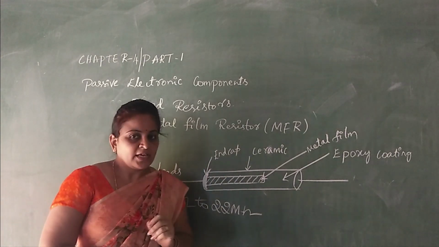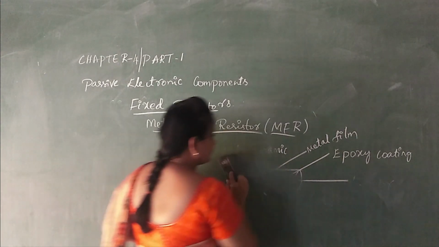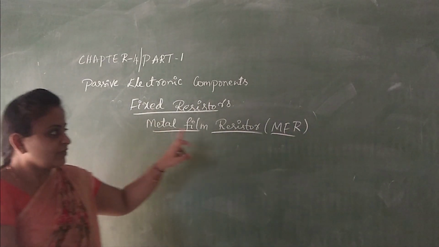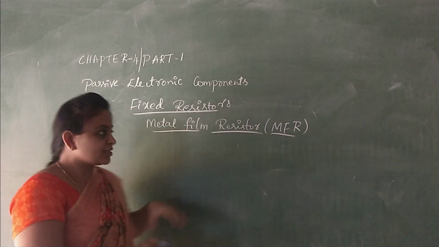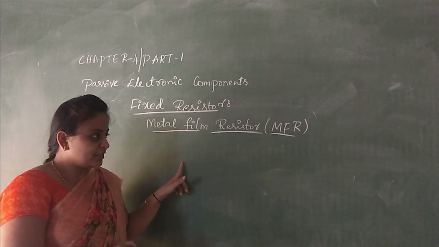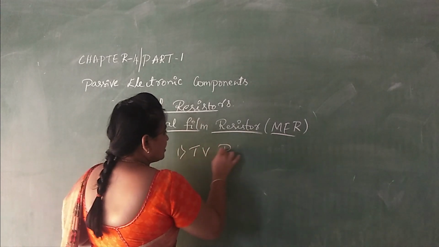So next we have applications of metal film resistor. First application, it is majorly used in TV receivers.